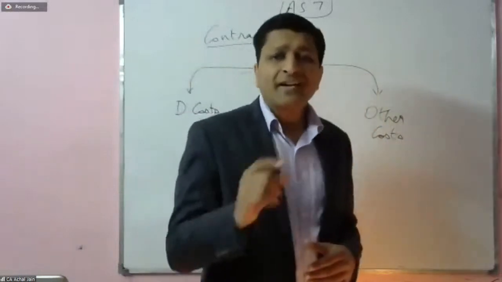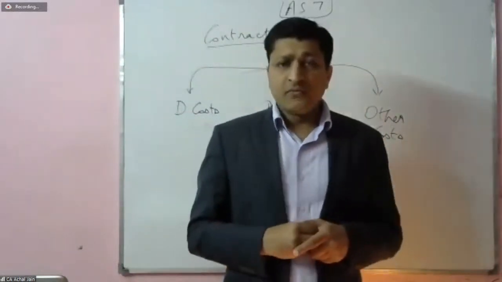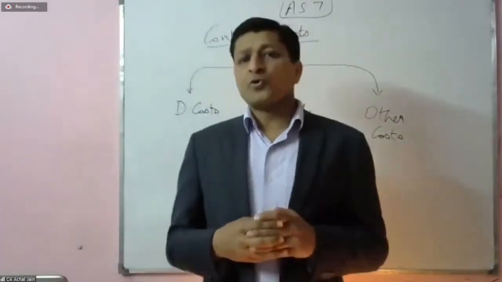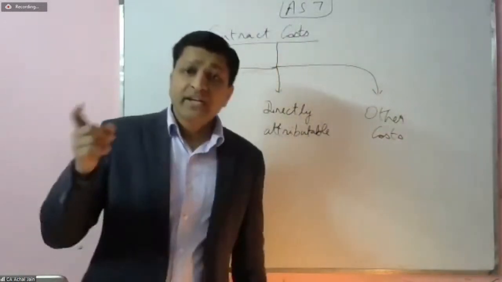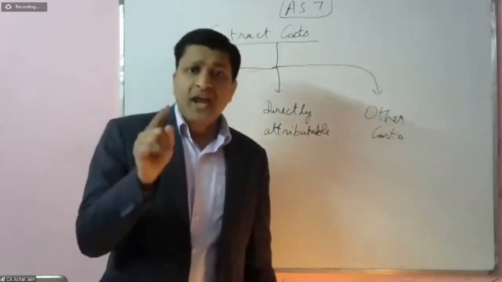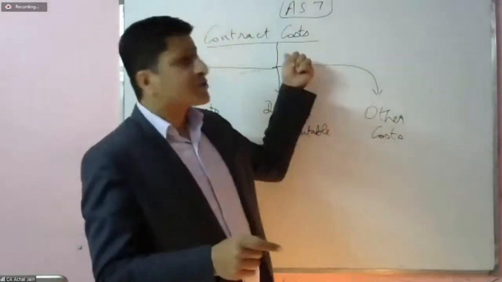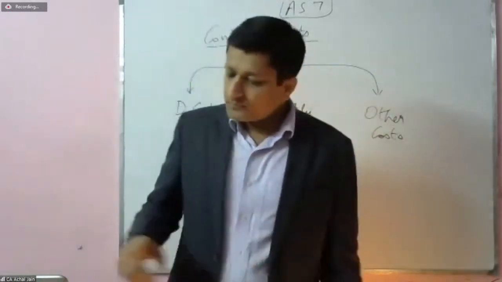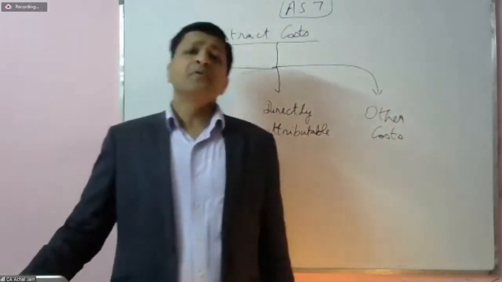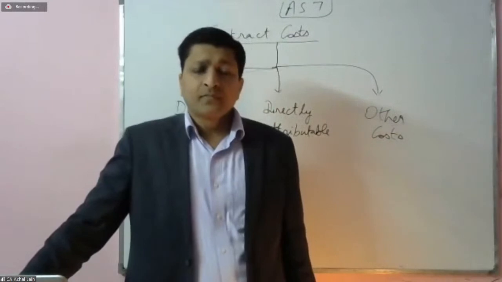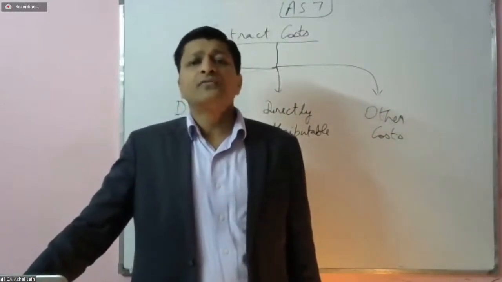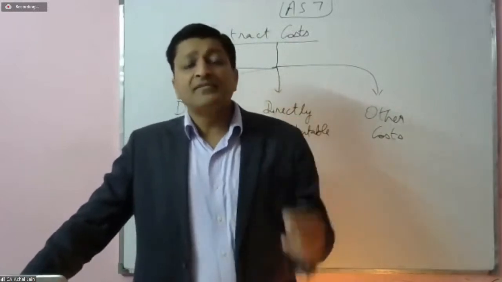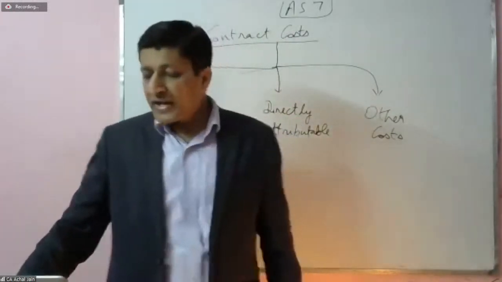For example, marketing cost. For example, selling cost. For example, advertisement cost. Can we include those costs as part of these construction costs? No. Even though they are project cost, even though they are incurred for the purposes of project only, but they have nothing to do with the construction activity.